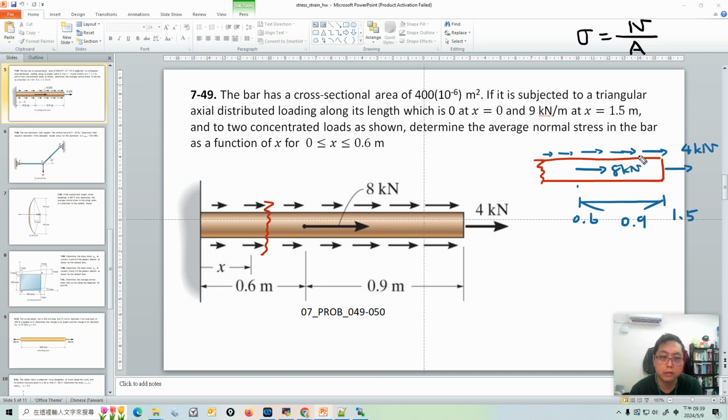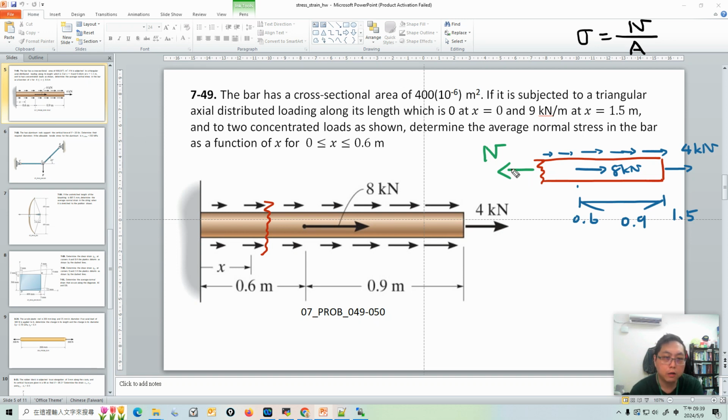In the cut section there must be a normal force, and if I don't know its direction, I just assume everything is tensile. So we do the rigid body equilibrium on this cut section, because everything is static in this textbook and this course.